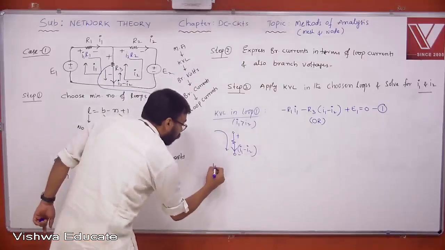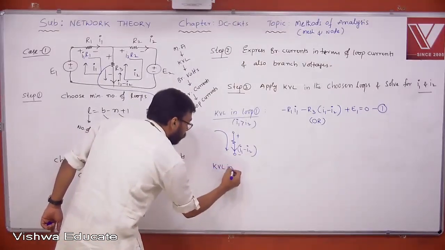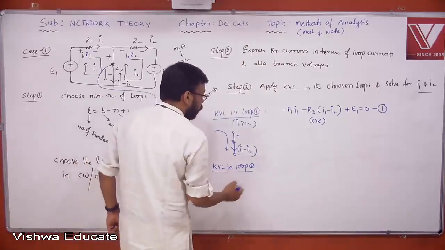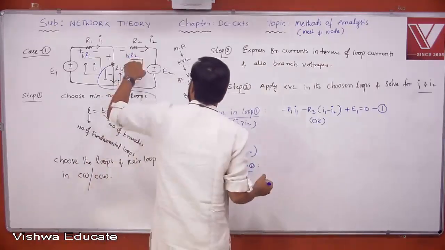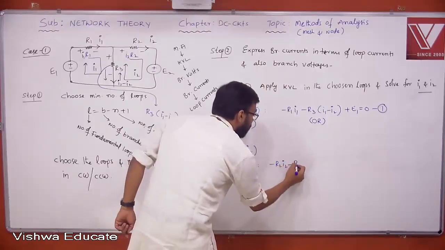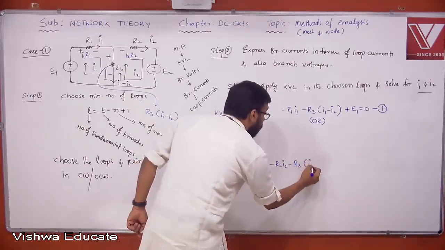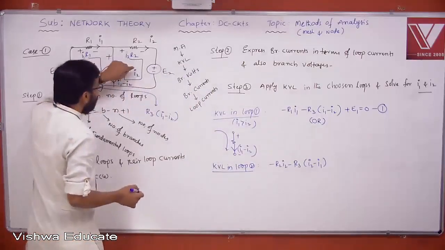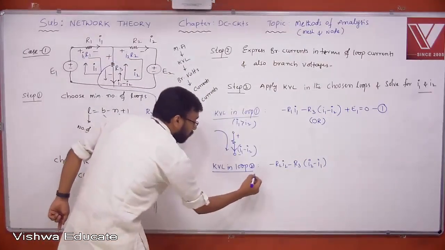Now, KVL in loop 2. If you apply KVL in this, minus R2 I2 minus R3 into, now I am taking I2 minus I1 because I assume that I2 is greater than I1.